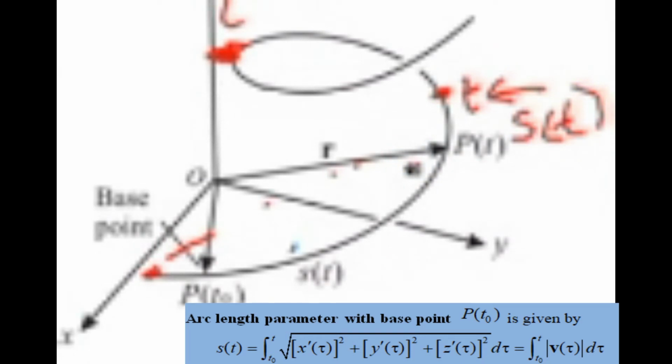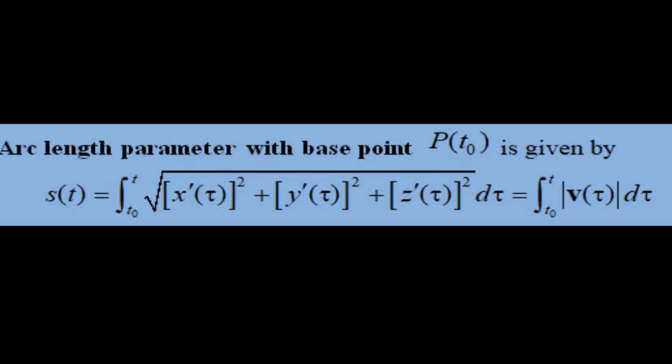So the idea is that this new formula will help us give a new parameter called the arc length parameter, and we use the lowercase letter s. Also, we have to stress that the parameter s increases in the direction of increasing t. So, depending on the value of t, we get a new parameter called s of t.